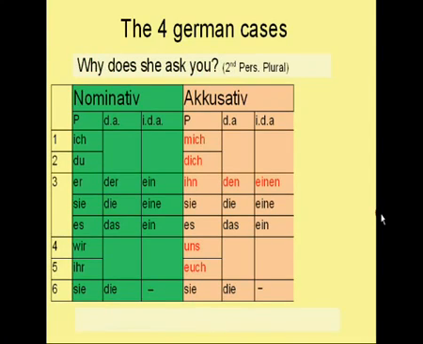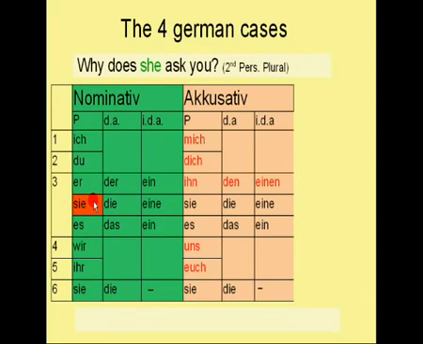Let's try this question. Why does she ask you? Which one is the subject in the sentence and which one is the object in the sentence? She is the subject in the sentence and she stands for sie. And now you already know how to conjugate the verb. Ask means fragen.